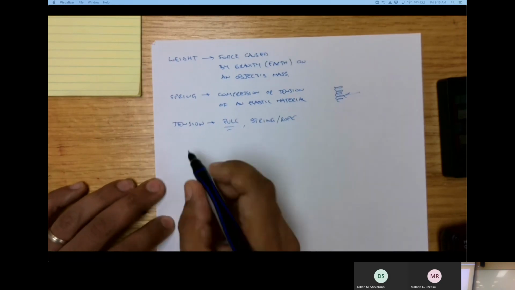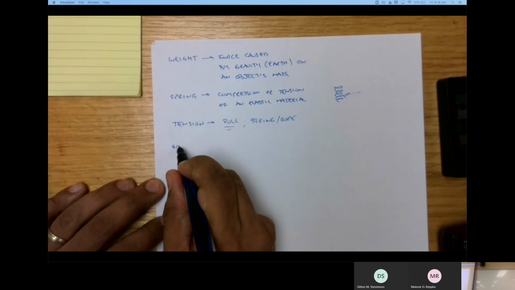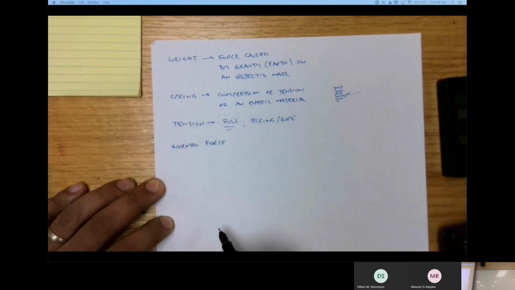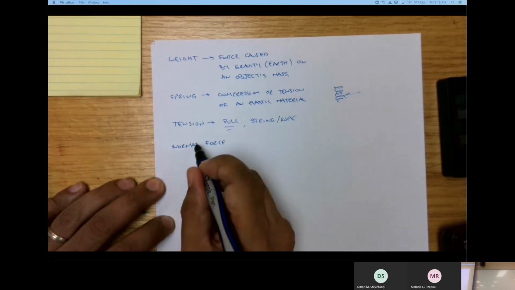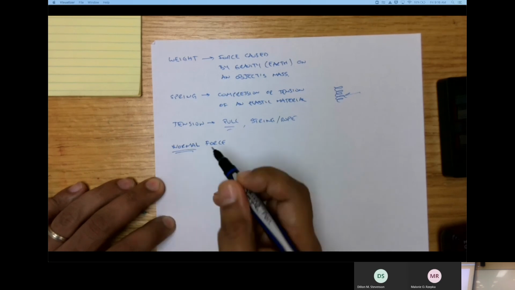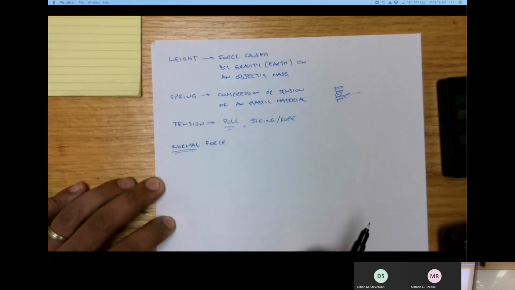There's something that's called the normal force. We're going to spend some time talking about this later. Normal here is a mathematical term, which means perpendicular.